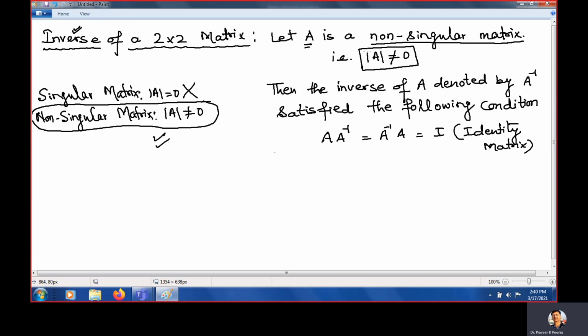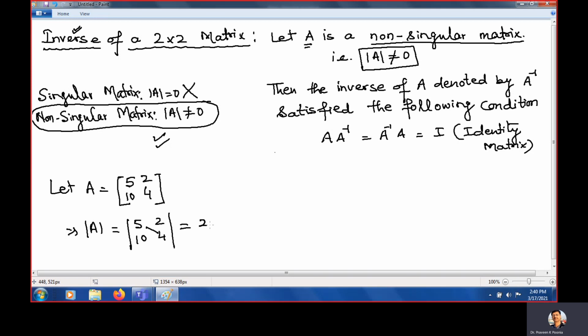For example, let A equal 5, 4, 10, 2. If this is the matrix, let us find the determinant of A. So what is the determinant? 5 times 2 minus 10 times 4. 5 times 2 is 10, and 10 times 4 is 40. Hmm, as written: 5 times 4 is 20, 10 times 2 is 20.